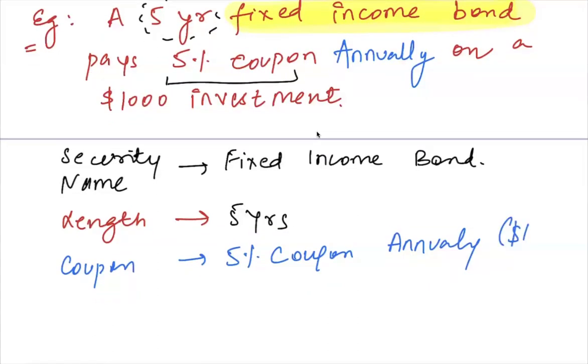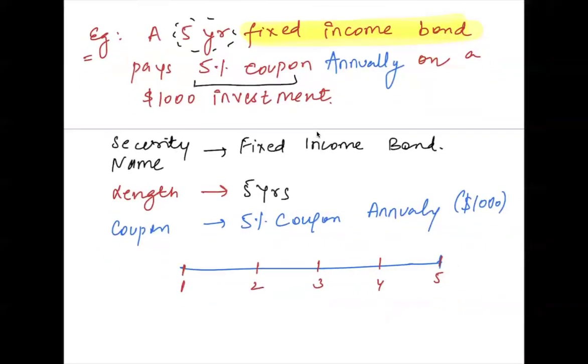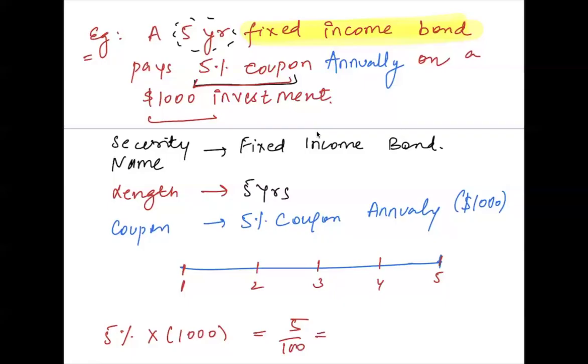The amount is $1,000. Let us draw a timeline: t1, t2, t3, t4, and t5. What this whole example means is every year you'll get 5% on the investment. 5% of $1,000 is $50.